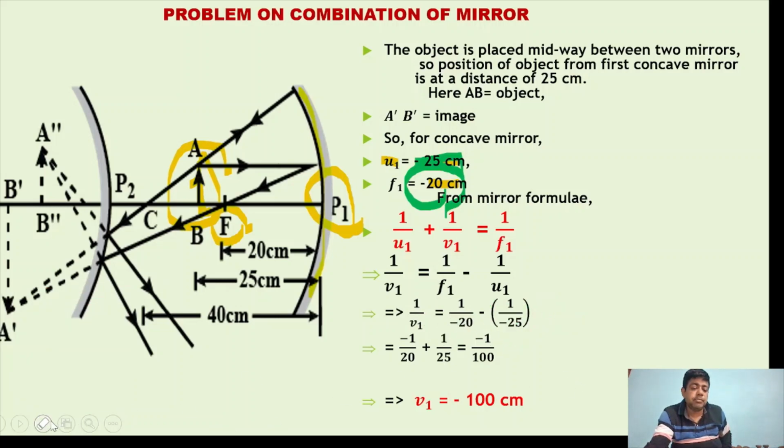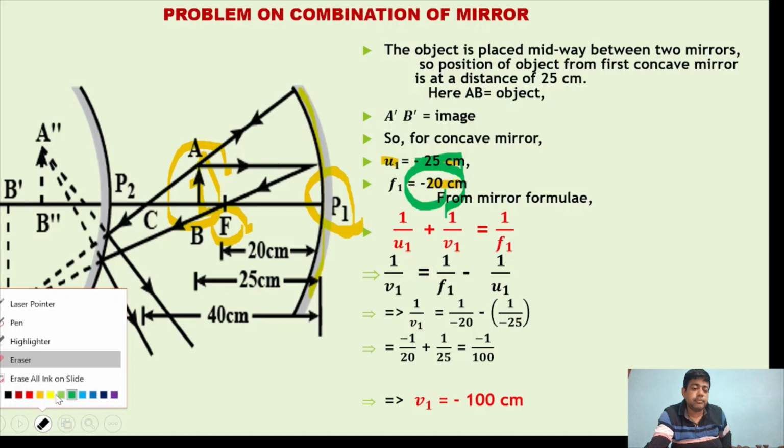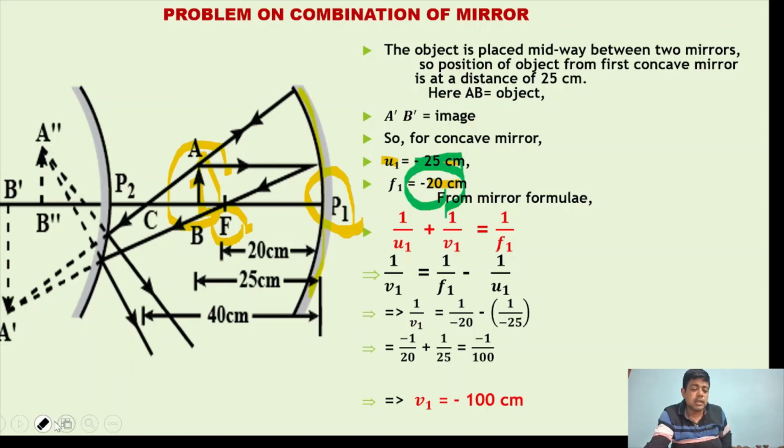Okay. You see now, here you see. This F1 value is minus 1 by 20. U1 value is minus 1 by, this is minus 25.